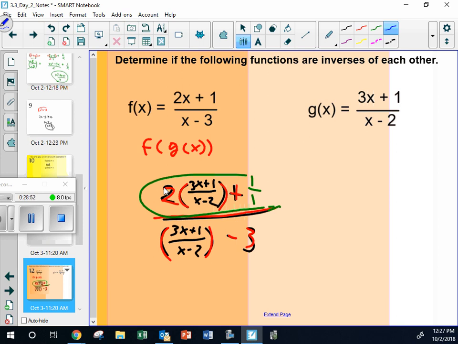X minus 2. How do I get this 1 here to have an x minus 2 there? Well, you can just multiply it by x minus 2 as long as you also do it on top. Now, on the bottom, the common denominator also needs to be x minus 2.